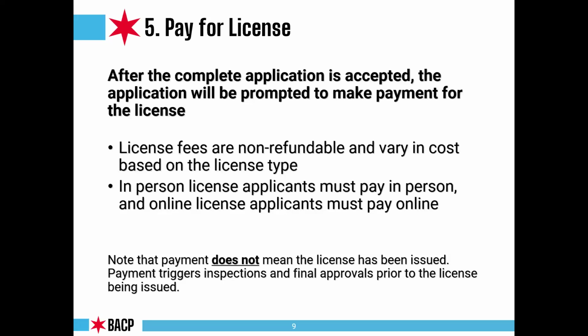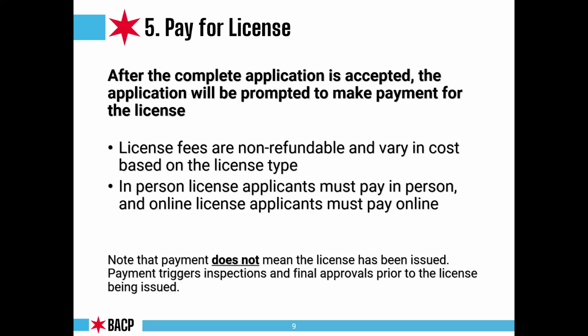And then just do note that making payment does not always mean that the license has been issued. For some license types, making payment triggers inspections, and final approvals are needed prior to the license being issued. So we may give you a coupon, we may have you pay, but that doesn't mean your license is good to go, ready to be issued or printed out.